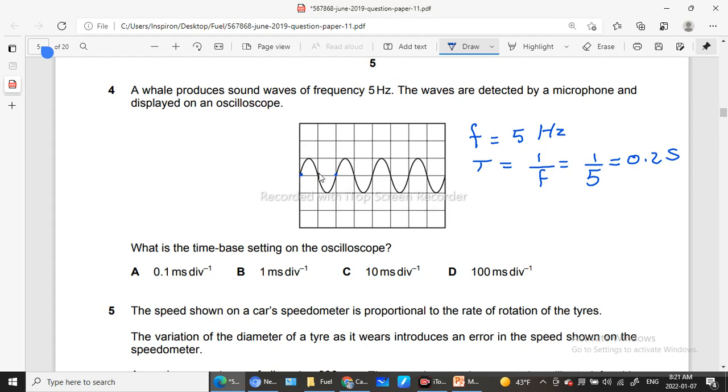And the division is half this number, that is 0.2 over 2, so the division is equivalent to 0.1 second. And this is equivalent to 100 millisecond. Millisecond per division.